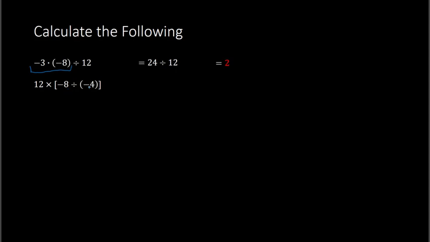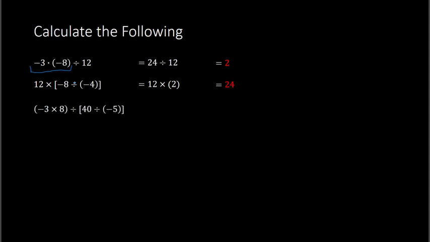They have the same sign. So that means my solution would be positive. So it's a positive number, and then 8 divided by 4 is 2. So here within the brackets, this would be a positive 2. So we now have 12 times a positive 2, which would be 24.